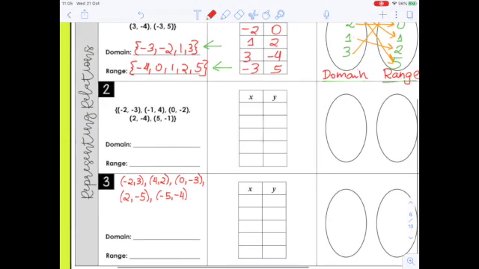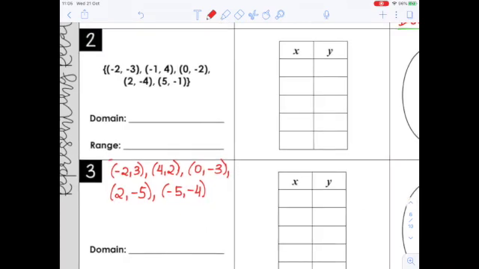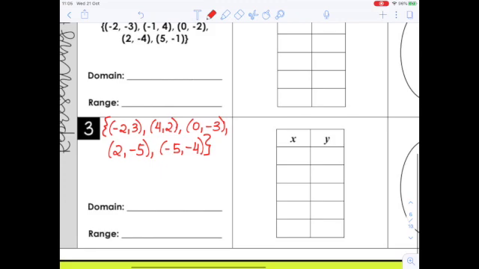Okay, I rewrote it nicely now. And don't forget that these ordered pairs also have to be enclosed by curly brackets, all right?